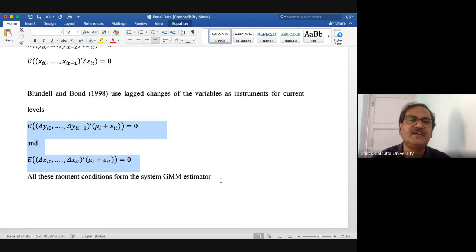Later on, this method was further developed and extended, but for your syllabus, we have restricted our analysis to only 3 estimation methods in dynamic panel. One is Anderson-Hsiao, by considering only one instrument.